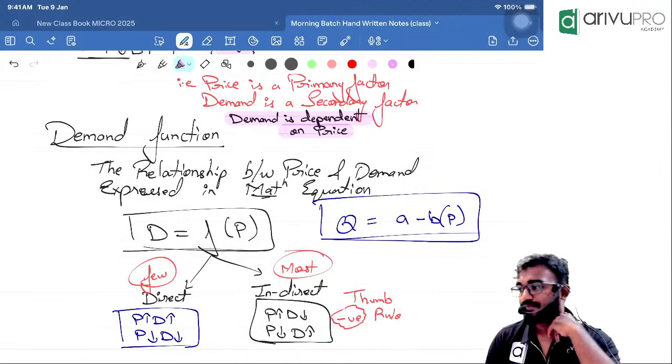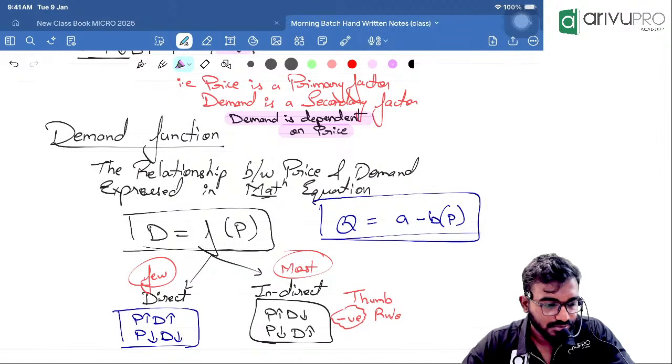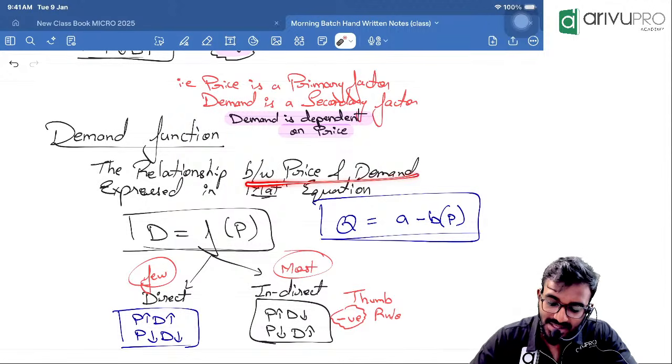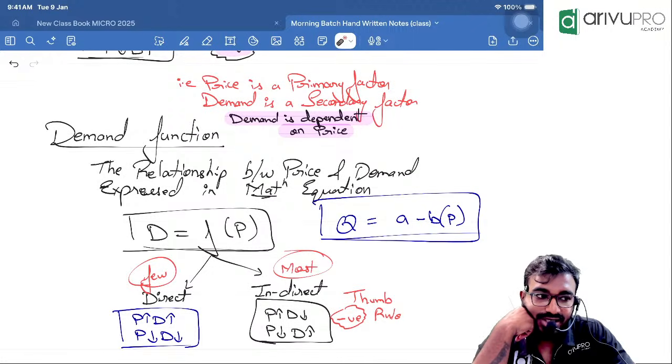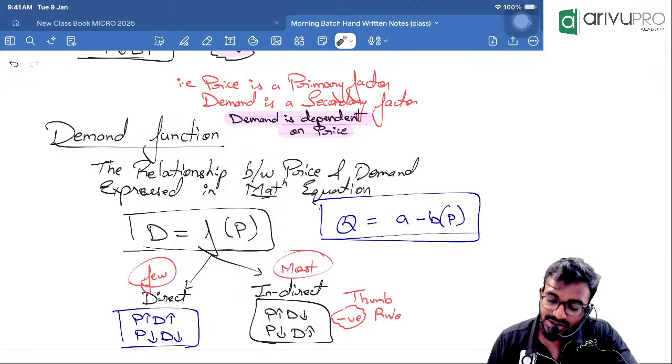Below that, demand function. It is the relationship between price and demand expressed in the form of a mathematical equation.